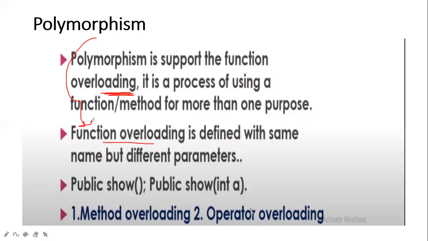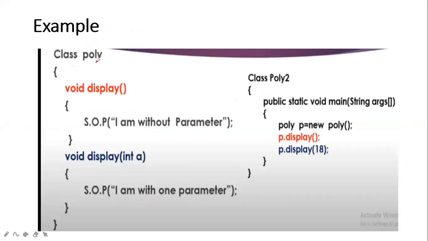What is it? When we have the same name but different parameters of methods or functions, that particular is called function overloading. Example, public void show, with no parameter passed in this. But public show with one parameter passed in it, that is int a, integer type a is passed.